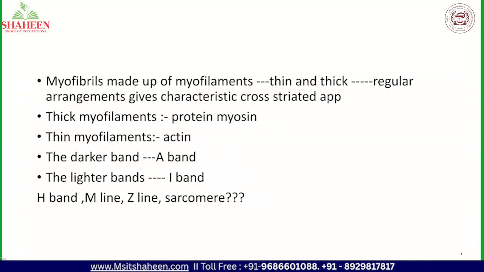Next, the myofibers. I told you there will be a cross striation appearance in skeletal muscle. These myofibers are made up of myofilaments. We have thin and thick myofilaments, which are proteins, regularly arranged, giving the skeletal muscle its cross striations.